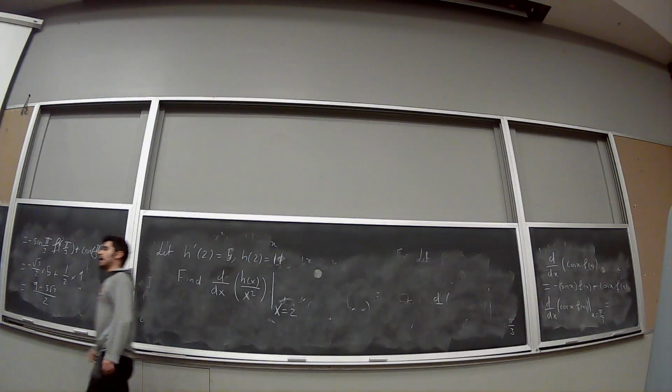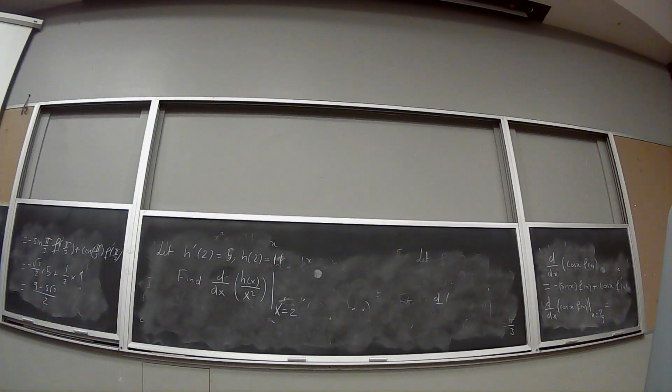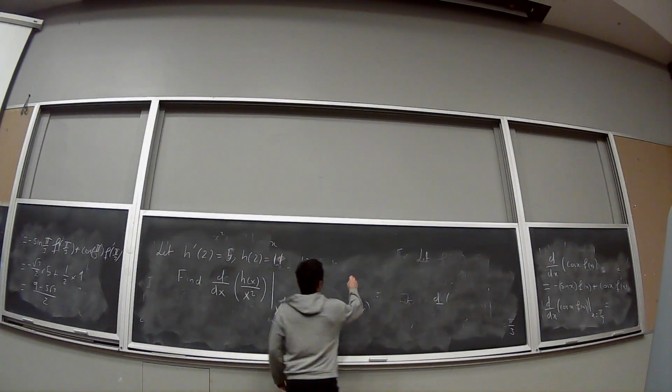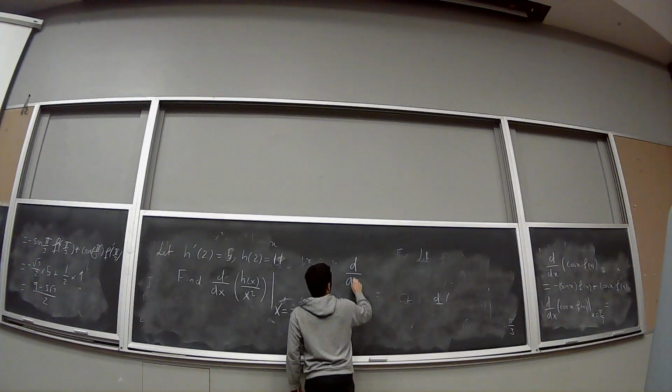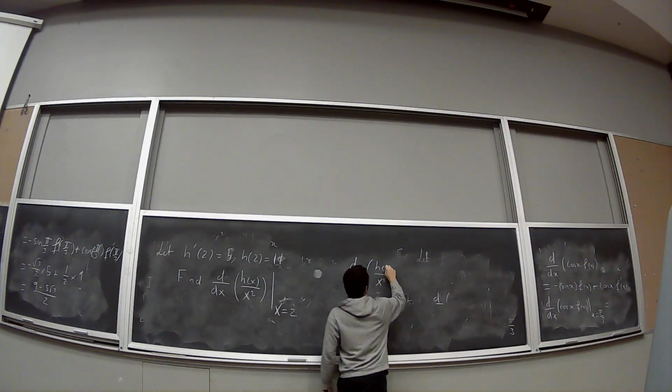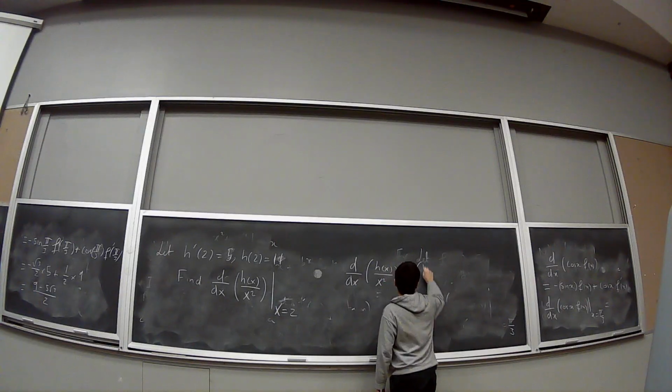How do I need to differentiate h of x over x squared, and then plug in what number? Everybody, 2, right? How do I differentiate h of x over x squared? This is really h of x over x squared prime.